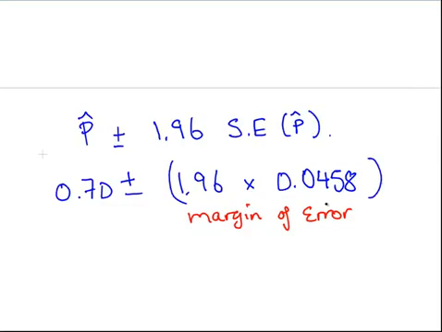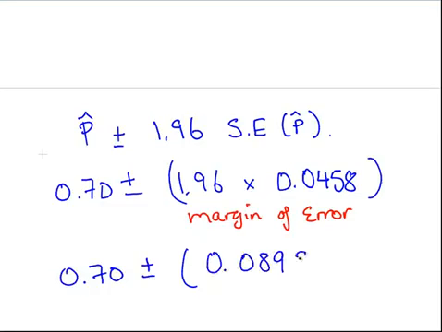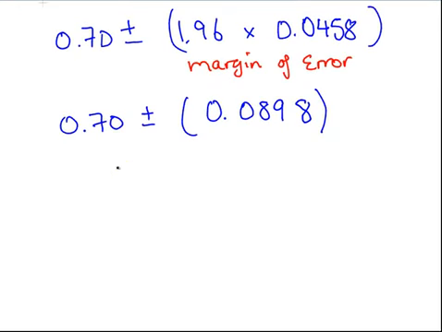Working that out, and again, I'm going to put it to 4 decimal places, the answer there is 0.70 plus or minus the margin of error, which should be 0.0898. You could go a little bit further with it, but I'm going to leave it at 4 decimal places. So essentially what we have here is 2 numbers.